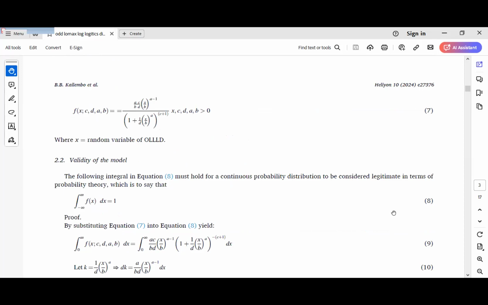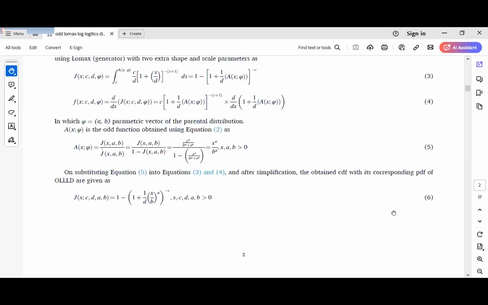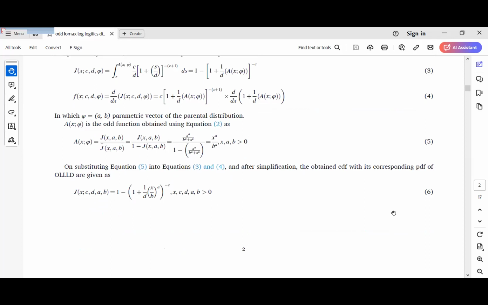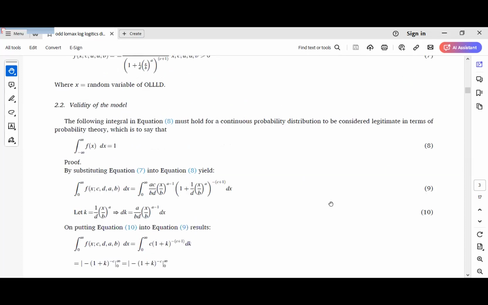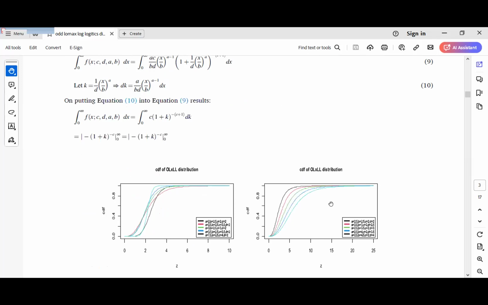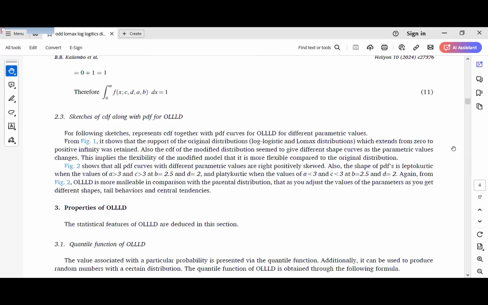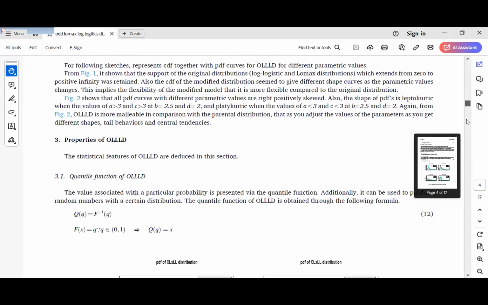Okay. And then we can find the cumulative distribution function in equation 6. We have known equation 6 and equation 7, so we can create the cumulative plot and the density function plot. We are lucky in this research article, we can find the likelihood only, in equation 40x.